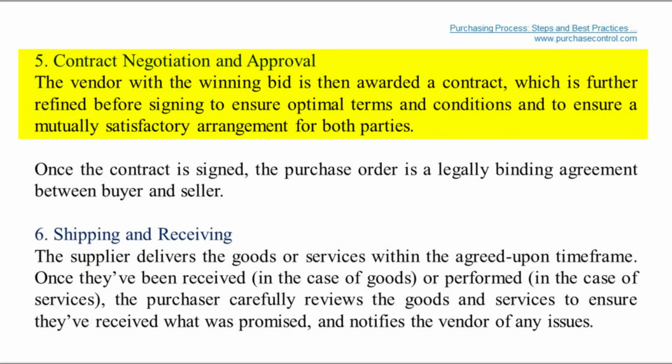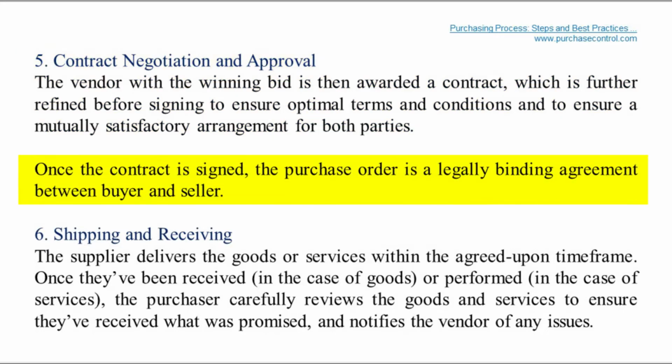Contract negotiation and approval. The vendor with the winning bid is then awarded a contract, which is further refined before signing to ensure optimal terms and conditions and to ensure a mutually satisfactory agreement for both parties. Once the contract is signed, the purchase order is a legally binding agreement between the buyer and the seller.